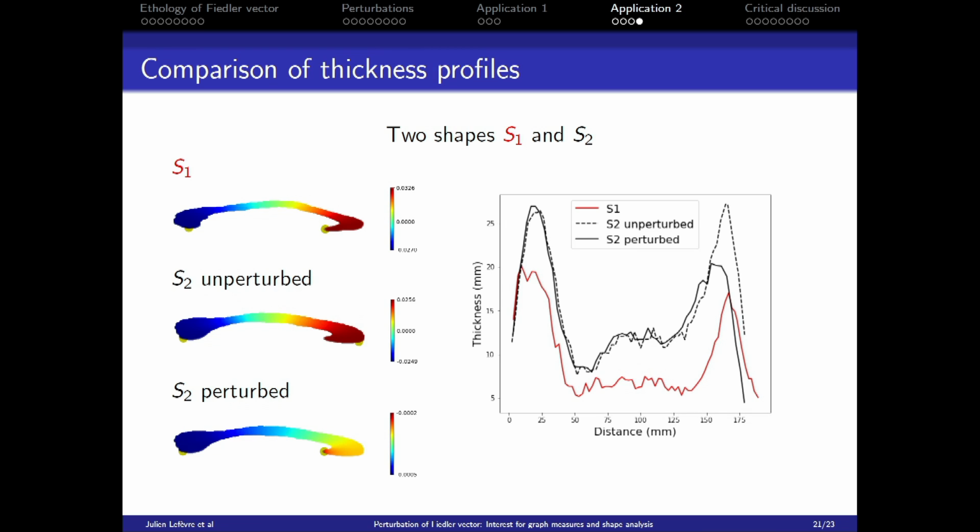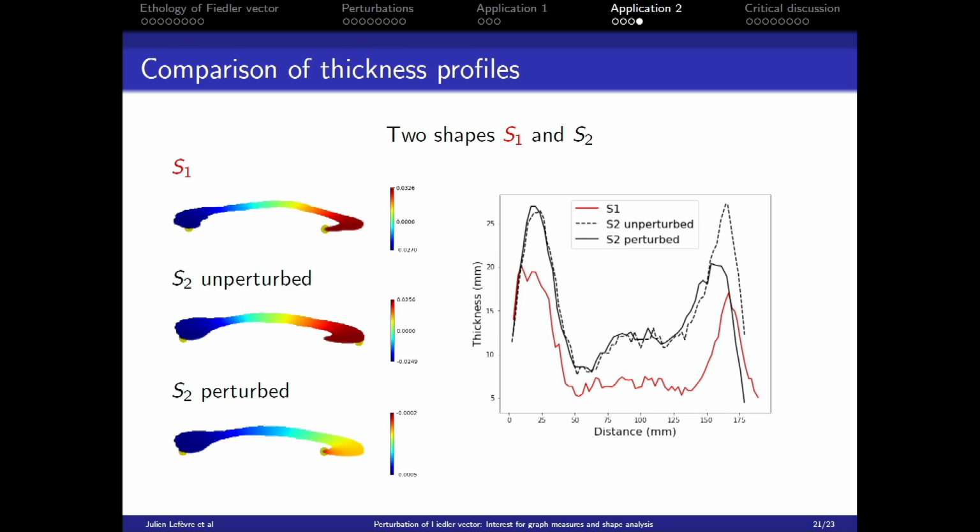In red, this is the thickness profile of this shape. In bold black, this is the thickness profile of the perturbed corpus callosum. It's interesting here because the thickness is comparable at this extremity, whereas in the first case, you had a very different thickness, and it was probably not the good approach.